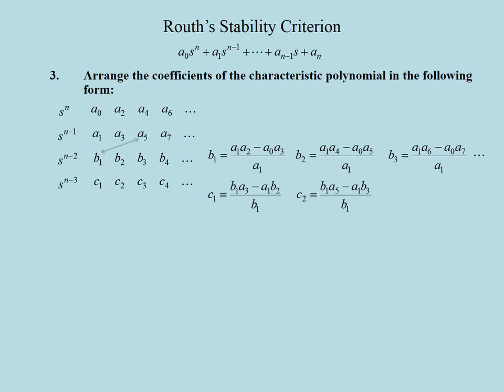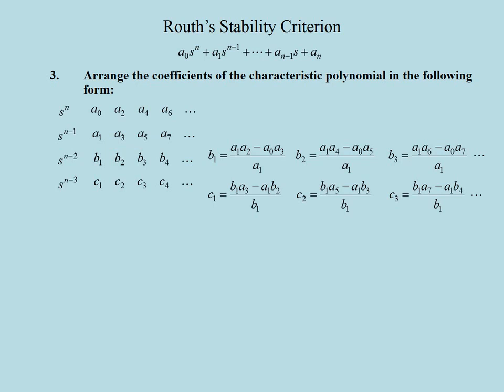c2 is b1 a5 minus a1 b3, divided by b1. And c3 is b1 a7 minus a1 b4, divided by b1. Other elements in this row are obtained similarly.